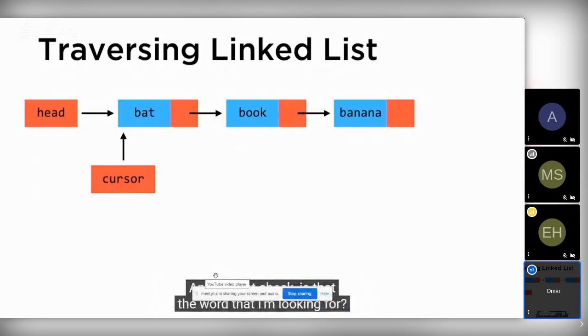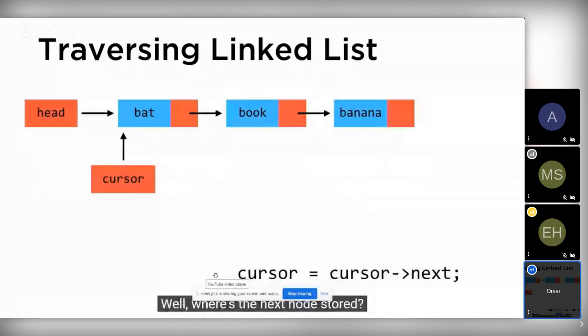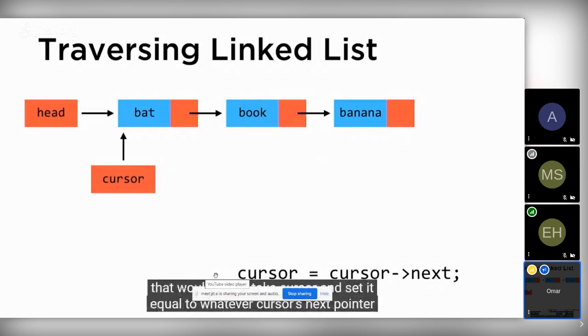And I might check, is that the word I'm looking for? And if it's not the word I'm looking for, then what I'd like to do is take the cursor and move to the next node in the linked list. Well, where is the next node stored? It's stored inside of the next field, inside of the node that I'm currently looking at. So if I were to use syntax like cursor equals cursor arrow next, that would mean to take cursor and set it equal to whatever cursor's next pointer is currently pointing to.